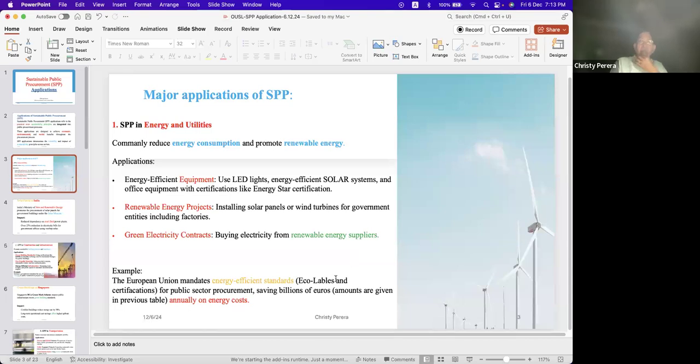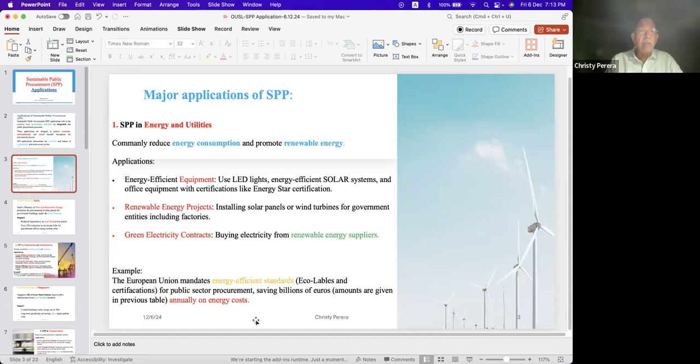Right. Now another example, some famous examples and famous countries' examples also I would like to give you. The European Union mandates energy efficient standards. You know that, eco labels and certifications for public sector procurement, saving billions of euros.